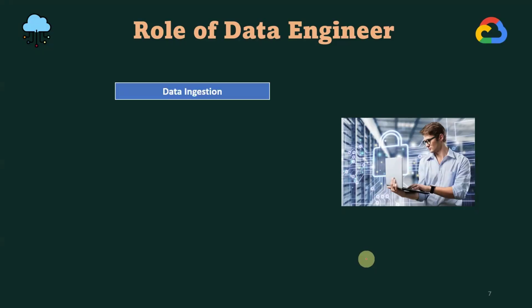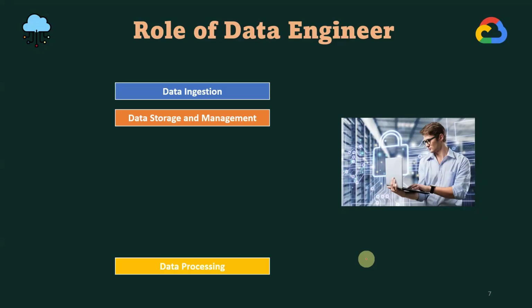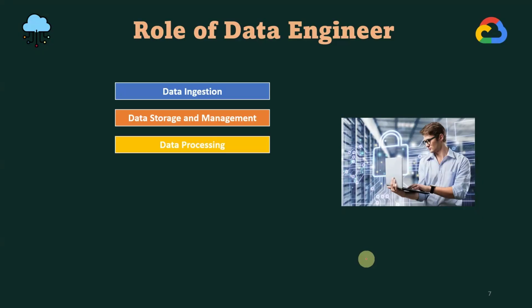He will work on data ingestion, meaning how to extract the data from the data sources, how and where to ingest the data properly, and how to store, manage, and control this data. So all of those are data storage and management. And data processing is one of the important aspects again here: how to process the data, and making sure that the data is accurate and of quality. This is also one more important aspect here.